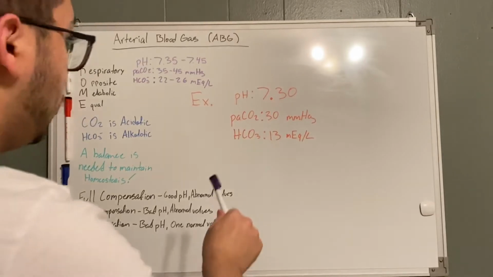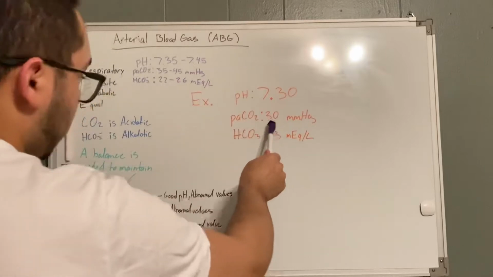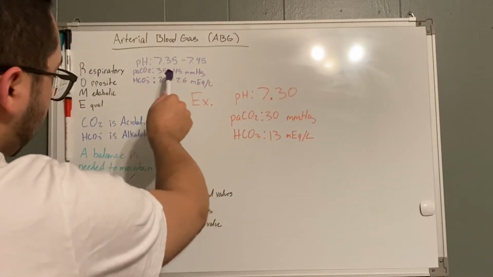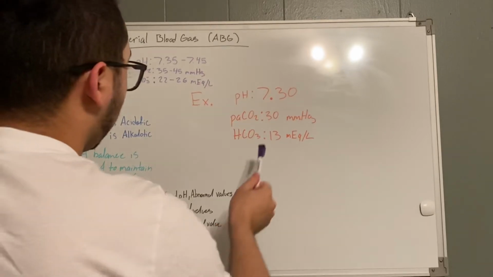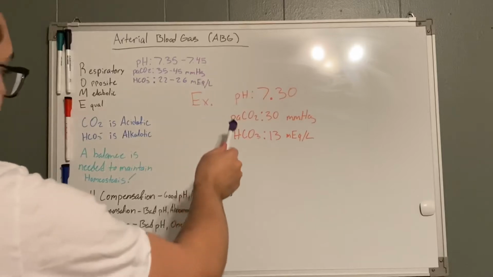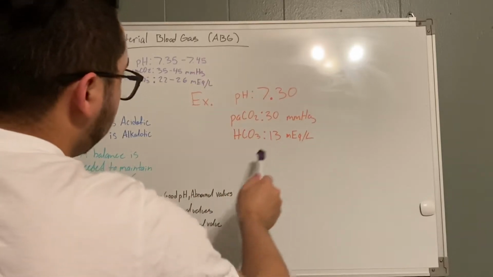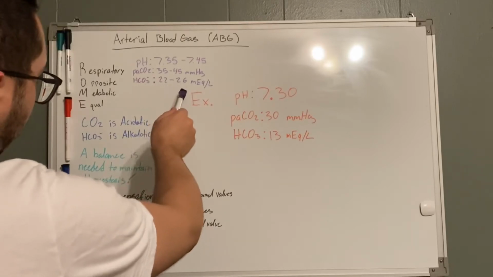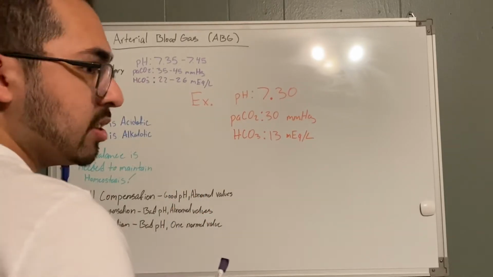So then you'll look at the carbon dioxide. It's 30. Is that within our normal range of 35 to 45? No, it's not. It's low. Okay, so then you look at the bicarbonate. It's 13. Is that within our normal range? No, it's not. It's low.